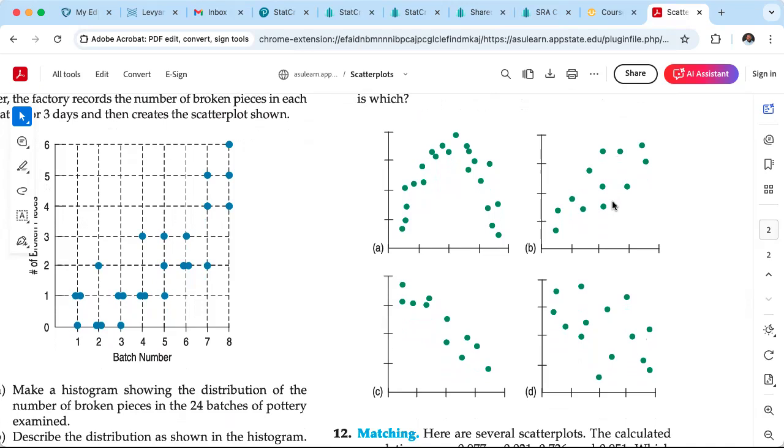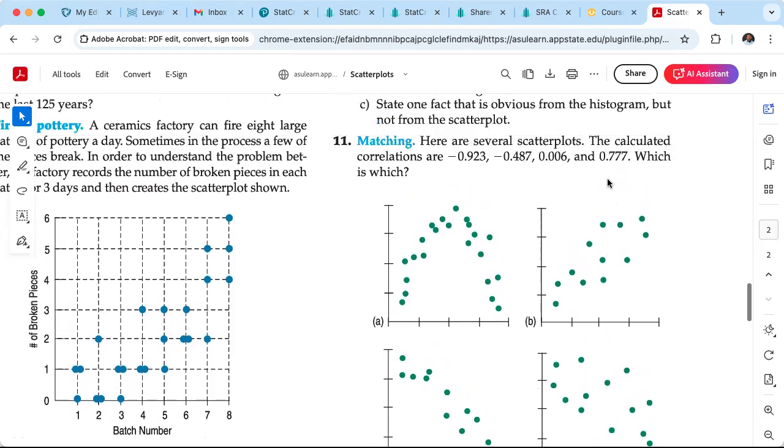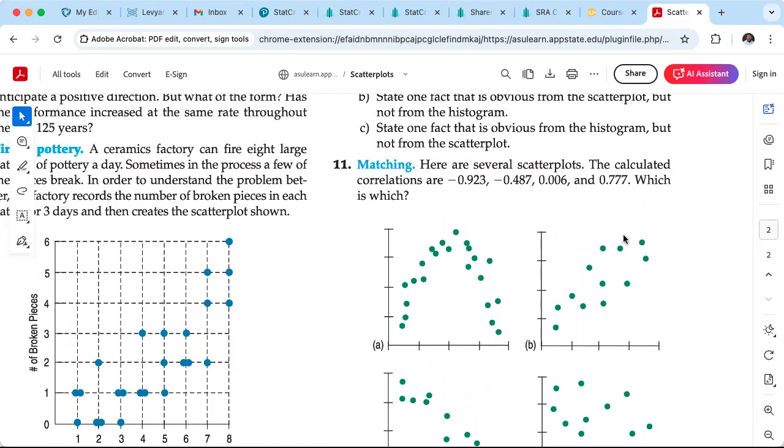B. You all agree it's B. Okay. Remember, if it's positive direction, what should be the sign of R? Positive, right? So let's look at all these. What do you think should fit for B? 0.777. Is that okay? So we fixed that one.